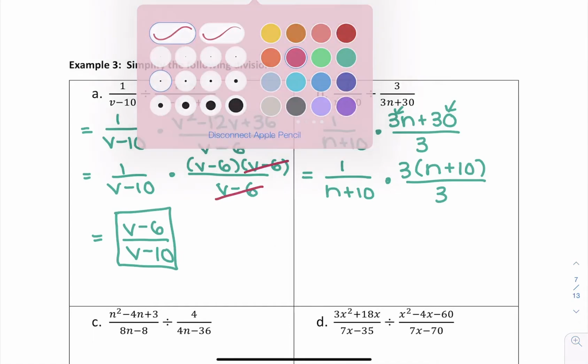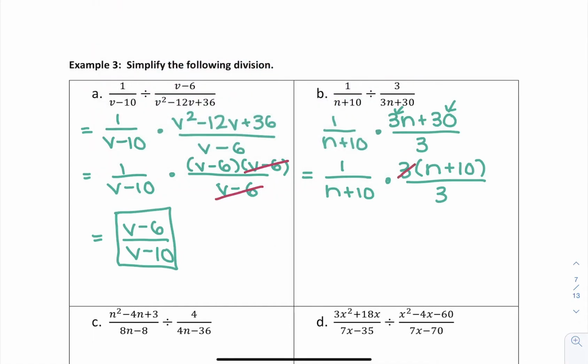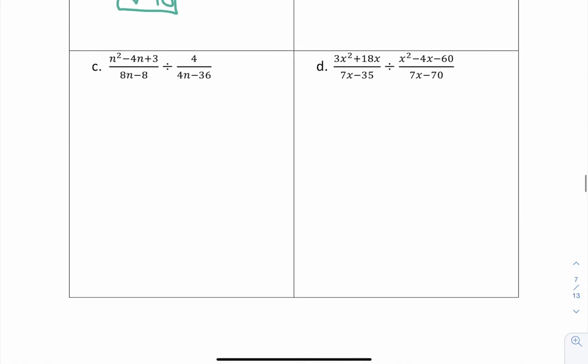Now we're going to cancel as much as possible. 3 divided by 3 is 1. N plus 10 divided by n plus 10 is 1. So now you notice this whole second fraction kind of got canceled out. That doesn't mean that it's 0. It means that it's 1. Because remember, when we cancel, we're really just saying it's equal to 1. So then in the end, we're just left with 1.